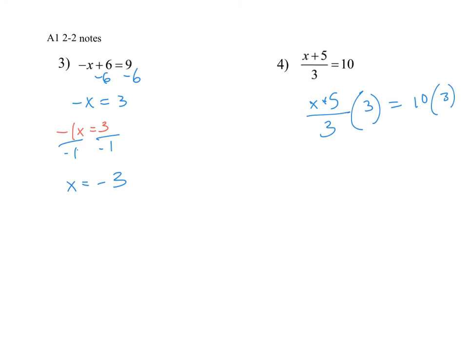All right, so when I do that, on my left hand side of the equation, my 3's are going to cancel out, right? And then I'm going to be left with this x plus 5 sitting here. That's equal to 30. Then I can go ahead and subtract 5 from each side, and my x is going to be equal to 25.